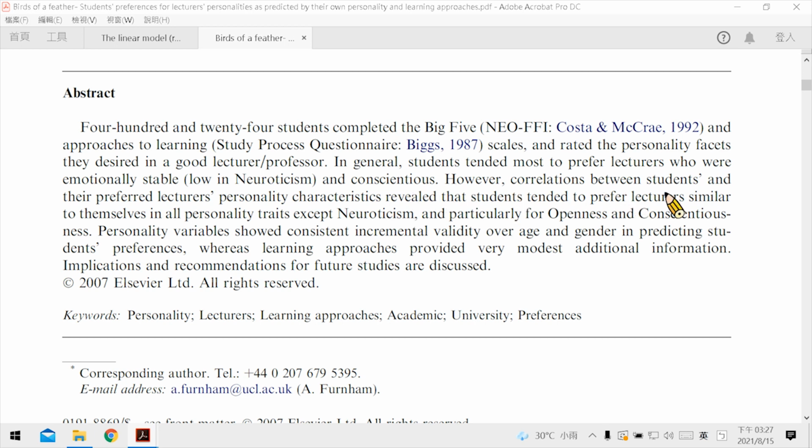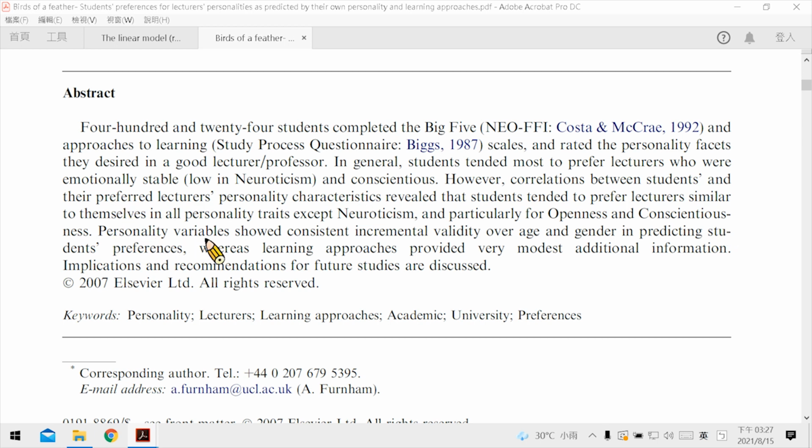However, correlations between students' own personality and their preferred lecturer personality characteristics reveal that students tend to prefer lecturers similar to themselves in all personality traits except neuroticism, and particularly for openness and conscientiousness.